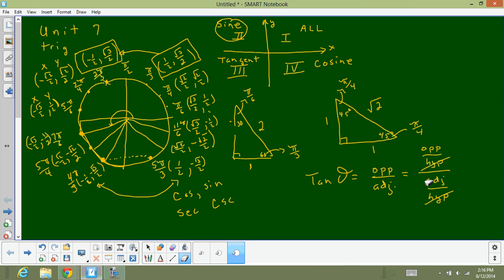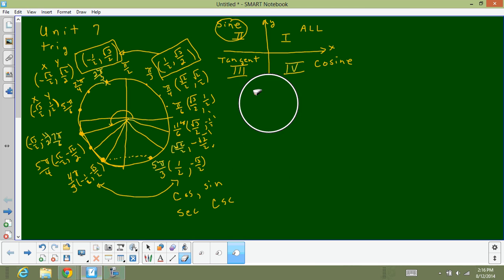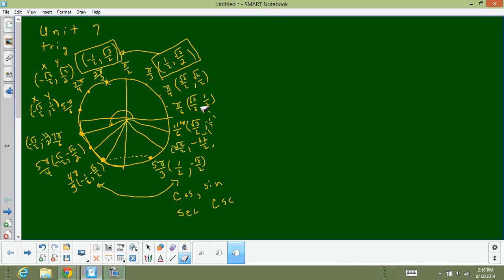Now let me give you an example with that. We'll leave the chart up there, even though it's difficult to read. I realize that. Suppose you want the tangent of, we'll say, pi over 3. Well, you can memorize it from a chart, but if you're going to use this unit circle concept, what you would do is find the sine of pi over 3 and divide it by the cosine of pi over 3. That's all we're saying that you would need to do.